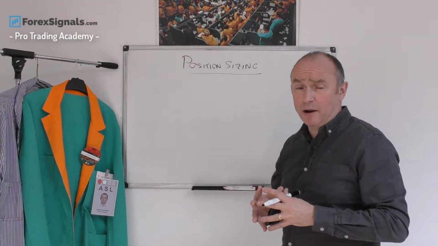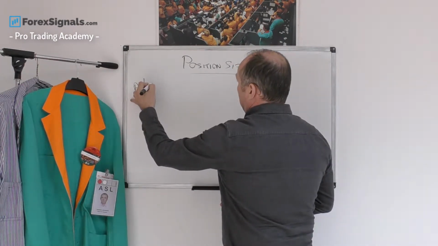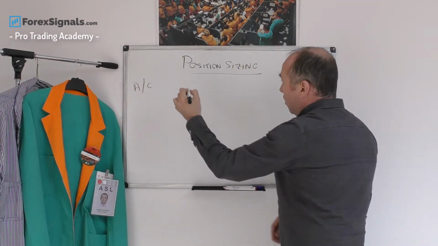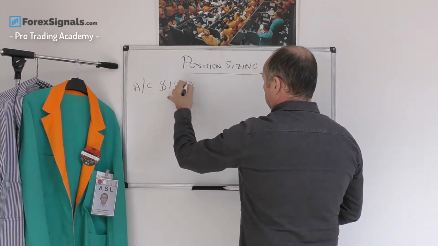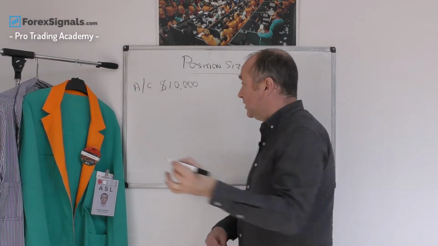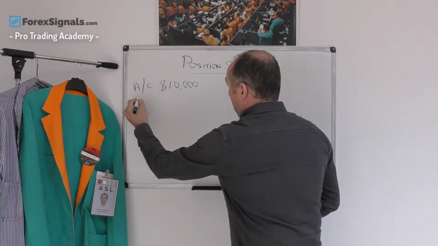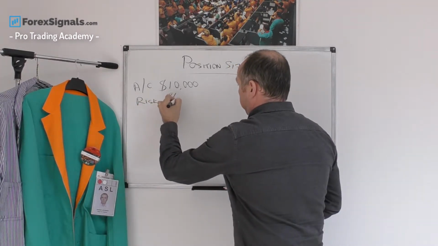Now, the best way to describe how this works is with an example. We'll pick one here. Imagine we have an account with a starting balance of, say, $10,000. Okay, and we're going to risk on this strategy 1% per trade.